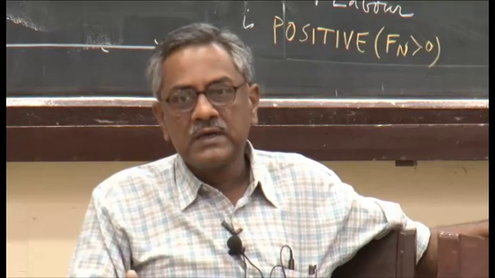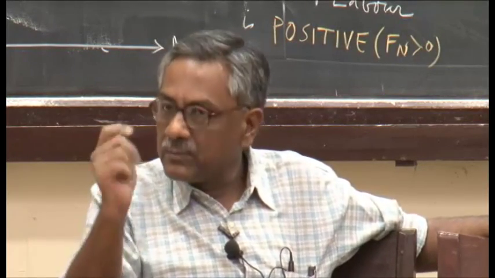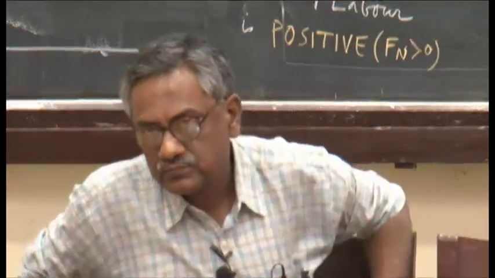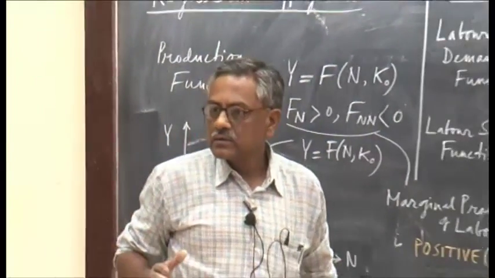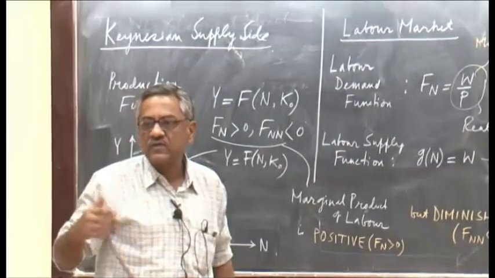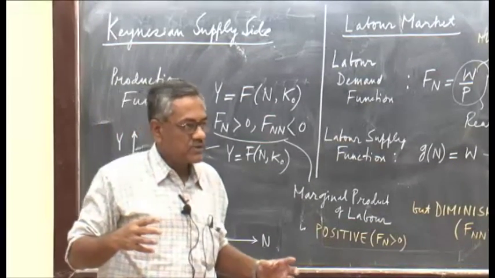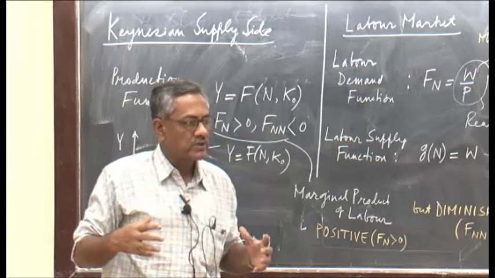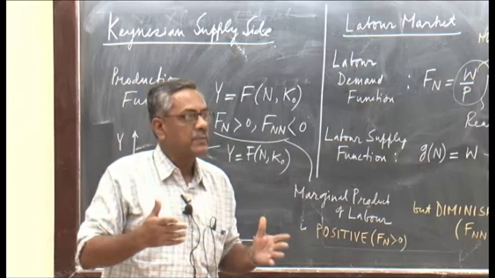is that this money illusion business emerges more so because W is a contractual wage, which means every year, this is how it happens, or every 2 years, in case of IIT, every 5 or 6 years, the government or the employer and the workers sit together across a table, negotiate a wage.